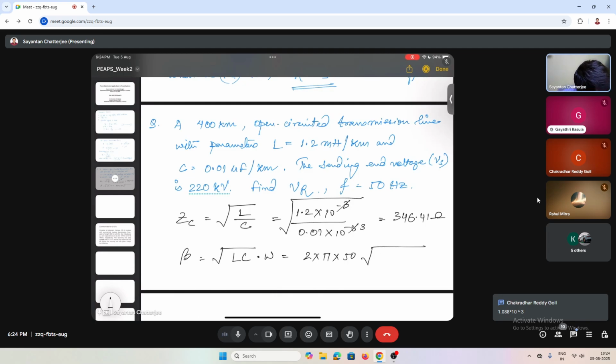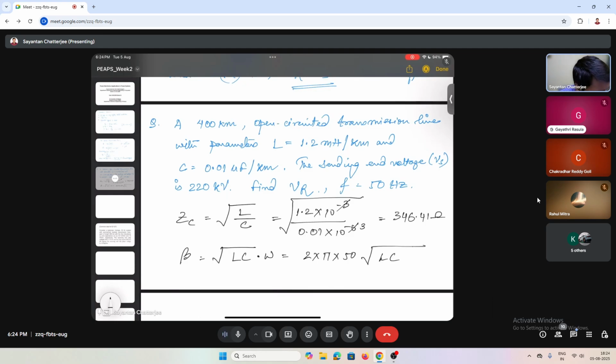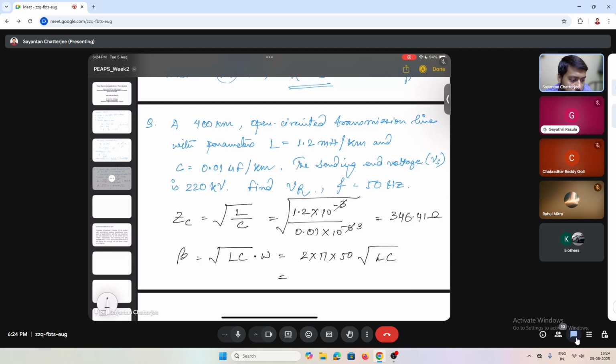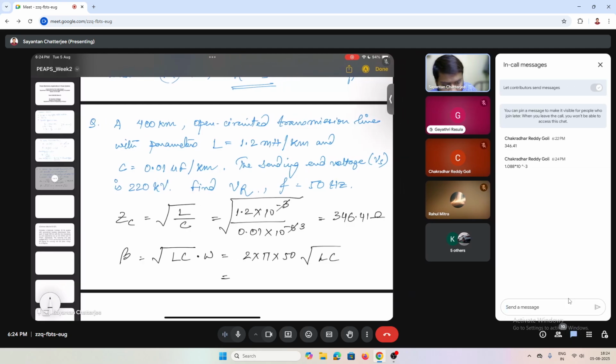Let me write root LC here and directly write the value. I hope everyone is understanding, right? What is the value? 1.088 into 10 to the power minus 3.